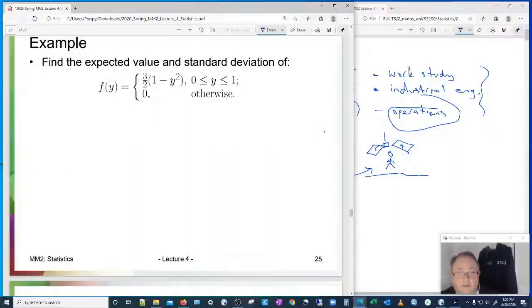I'm going to leave this one as an example for you to have a go at. I'll populate the results. So the mean should be 3 on 8, which is about 0.375. So I'll let you work this one out. The term that's needed to work out the variance is 0.2. The variance itself is 0.059.